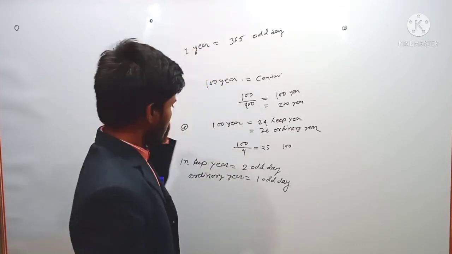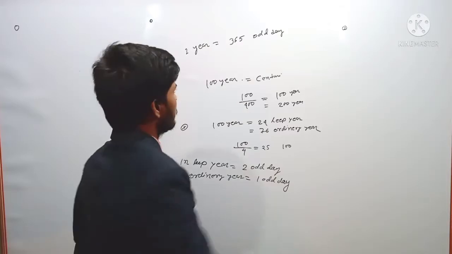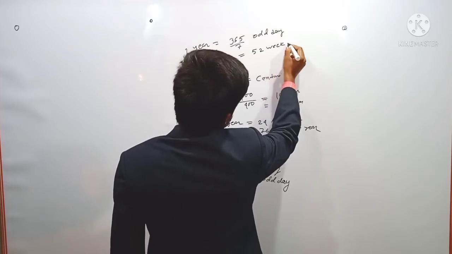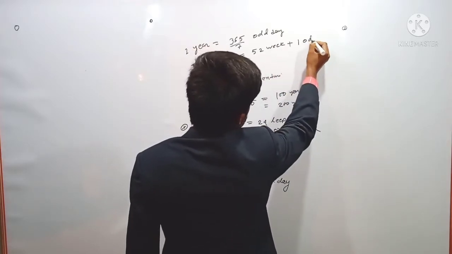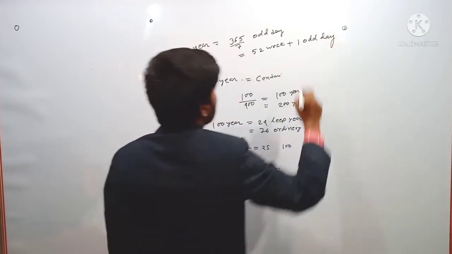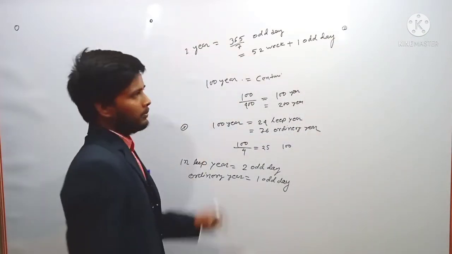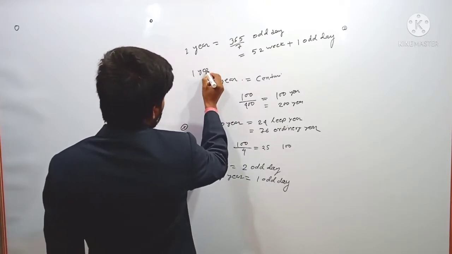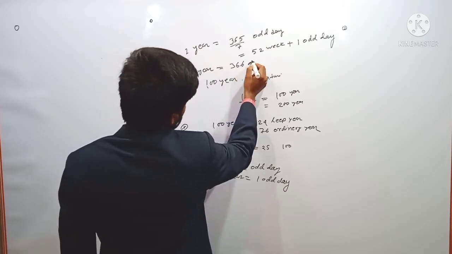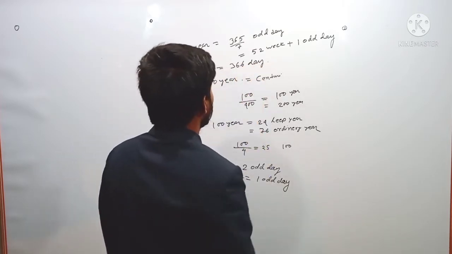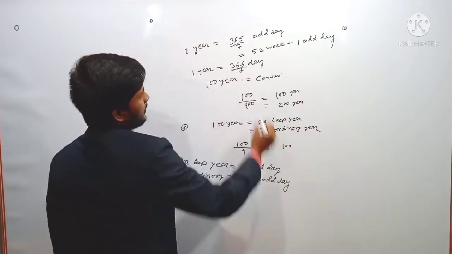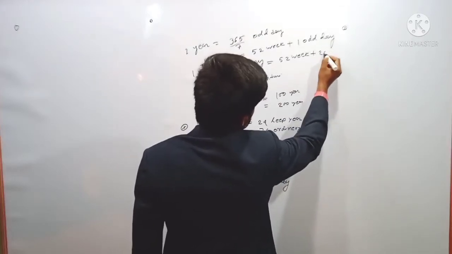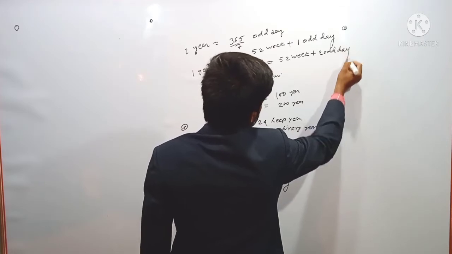If we divide it by 7, then there are 52 weeks plus 1 odd day. If it is a leap year, then 1 year equals 366 days. If we divide it by 7, then it gives 52 weeks plus 2 odd days.